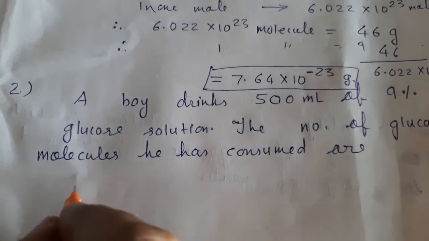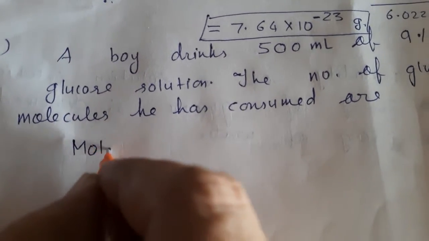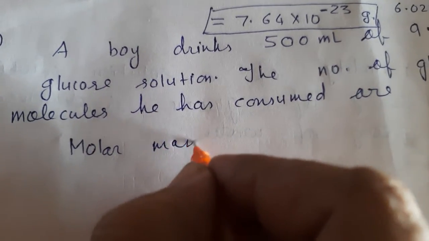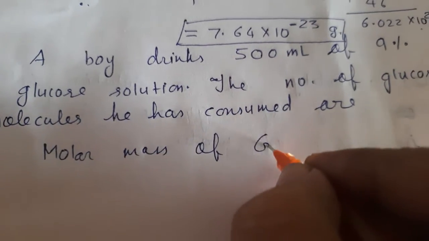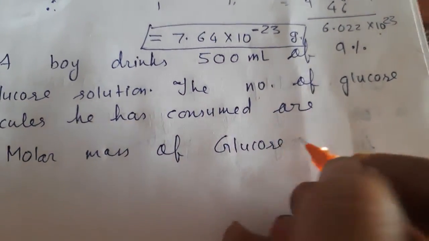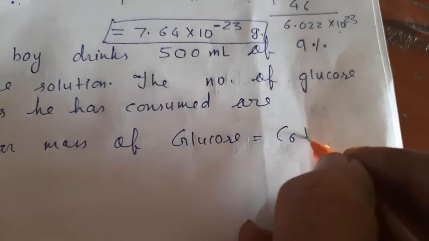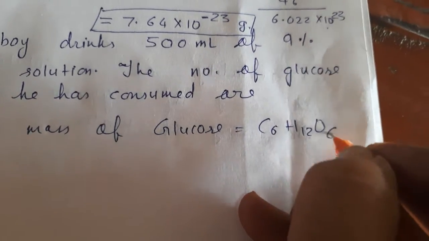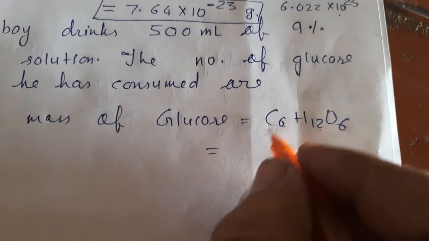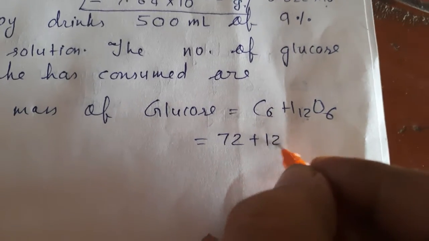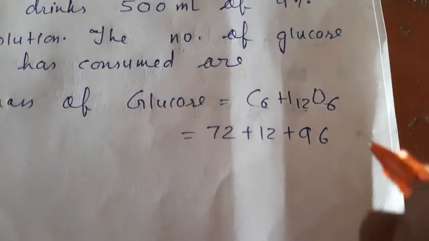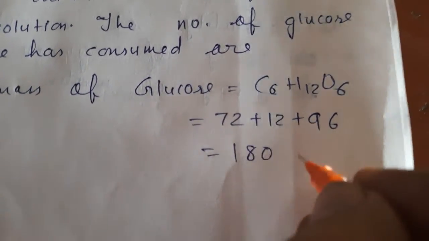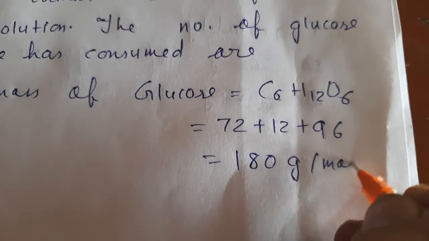First we will calculate the molar mass of glucose, C6H12O6. When you calculate, 12 sixes are 72, plus 12, plus 16 sixes are 96, so it is equal to 180 gram per mole. This is its molar mass.